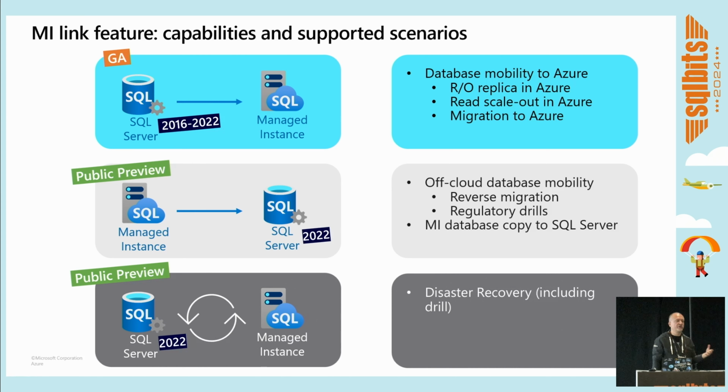It's also useful for compliance reasons. Some companies cannot adopt the cloud if they cannot show that they can export the data back. Of course, you can do it manually through backup and restore, but this always-on capability gives a nice and easy way to be up to date all the time and have everything replicated in real time.